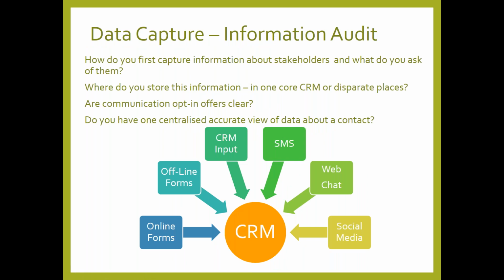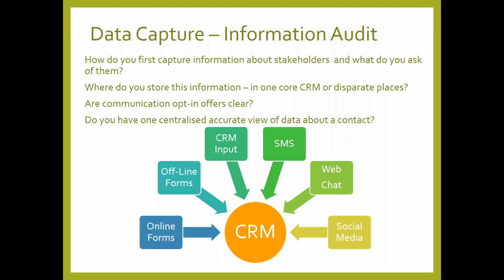So the first implication is obviously data capture. Ultimately, you might be capturing data in different ways. You might have an online form, for example, which could be an event registration form, a newsletter sign up form, or an inquiry form. You might have lots of different types of online form. You might have offline forms, so they could be paper forms, which sit somewhere else.